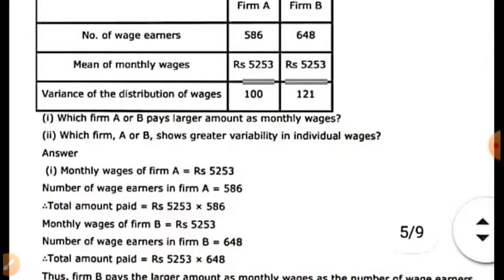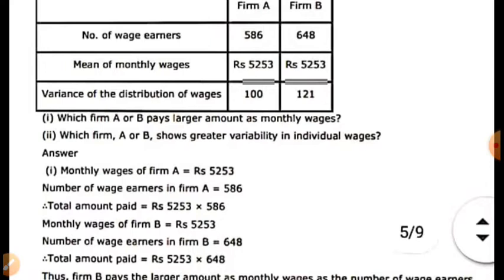If you see the monthly wages for firm A, 5,253, and the number of wage earners, 586. Both should be multiplied. When you multiply both, you get the total wages firm A is paying.